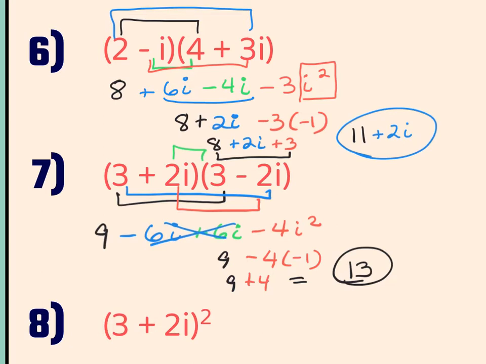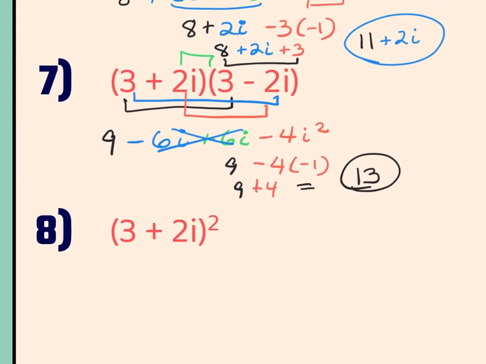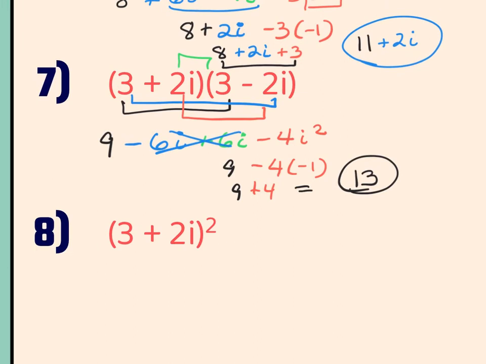The next one is a binomial squared. Do not be tempted to just square the 3 and square the 2i. You either memorize the pattern for a binomial squared, or you take the time, write it out 2 times, and FOIL it. If you do not do this, you will miss out on the middle term.